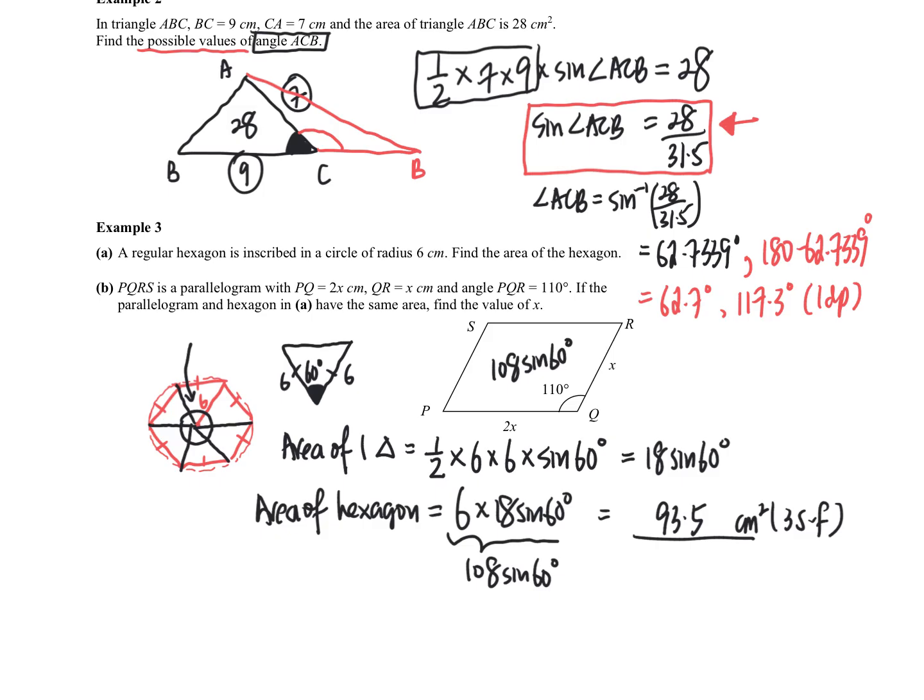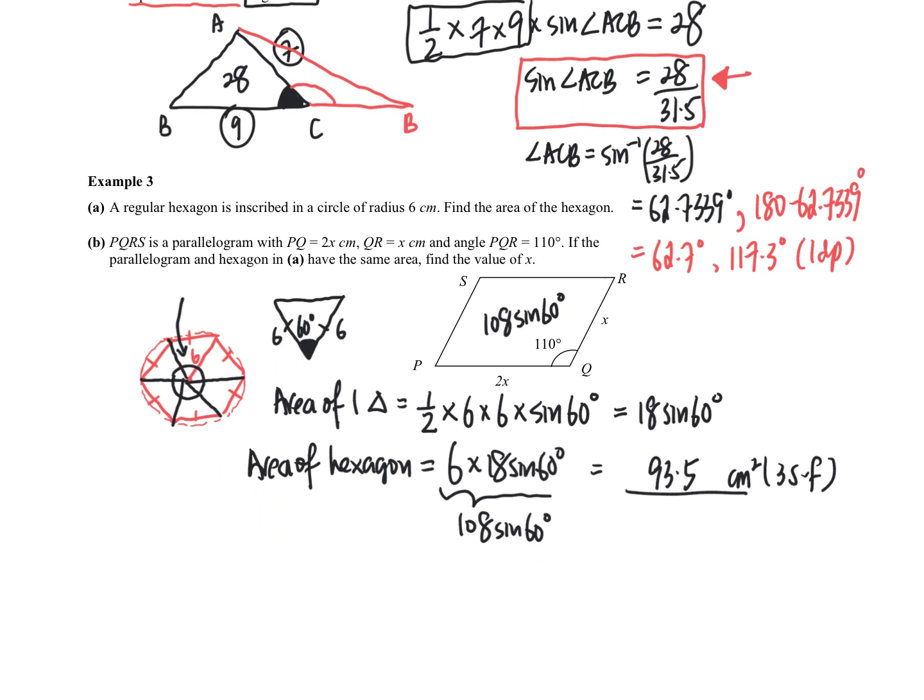So if you want to find the area of the parallelogram, what should you do here? What can you do? Give me an equation. x times x equals to? Think, how can we find the area of the parallelogram?